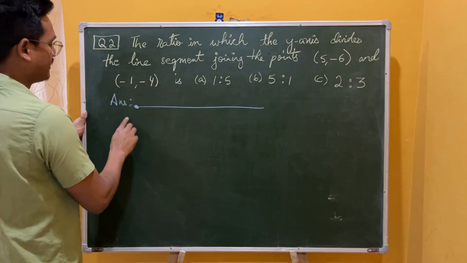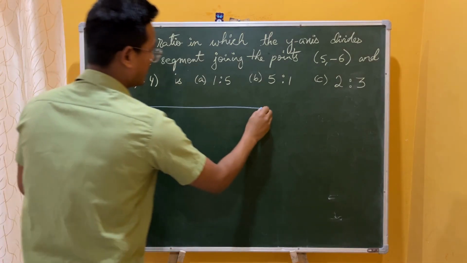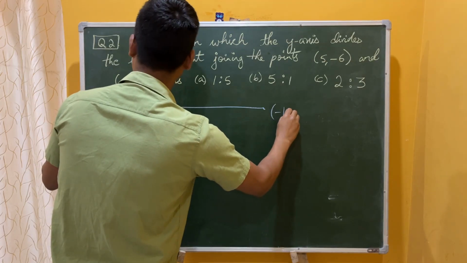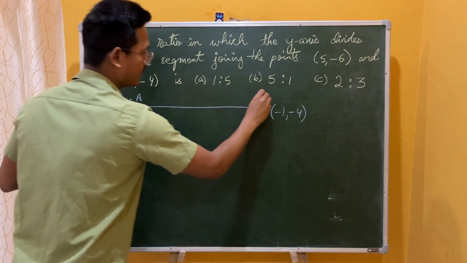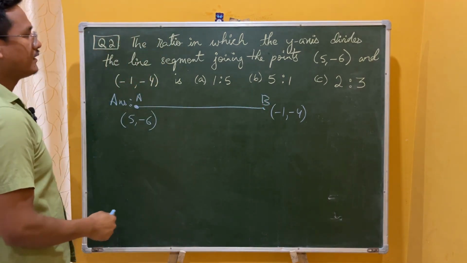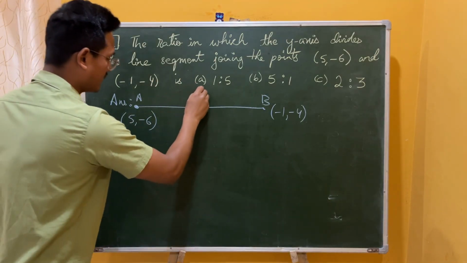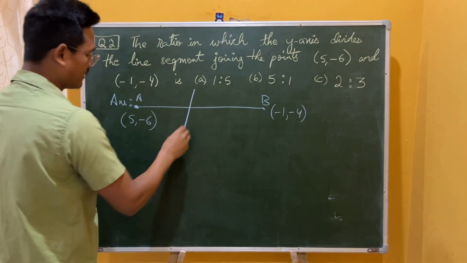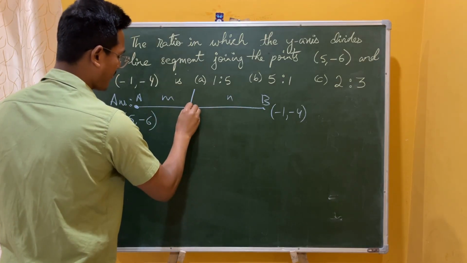Draw a line segment joining the points -1, -4 and 5, -6. Let's say this is A and this is B, and we want the ratio in which the y-axis divides the line. So let's say this is the y-axis and it divides the line in the ratio m:n.